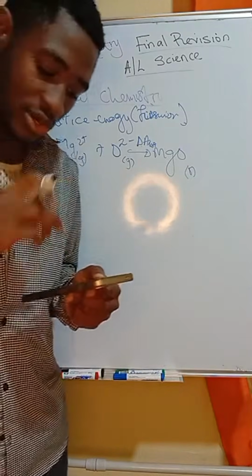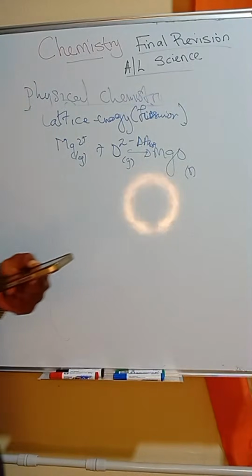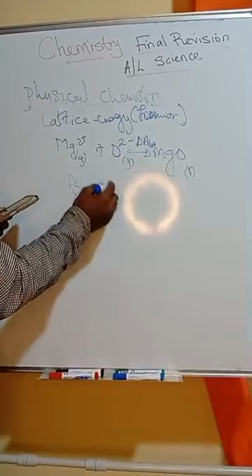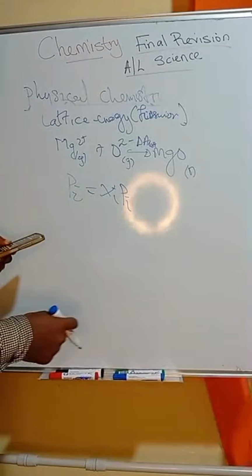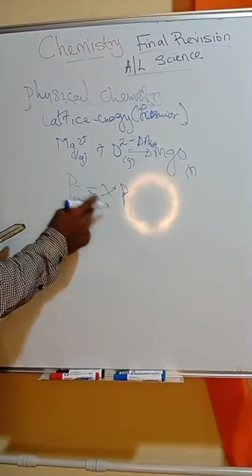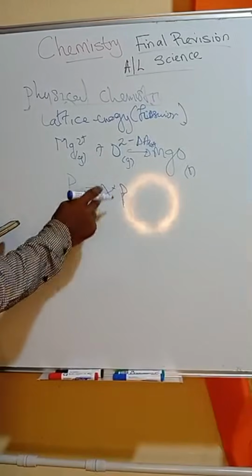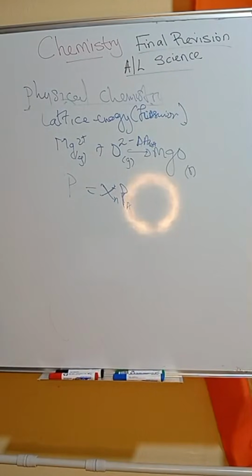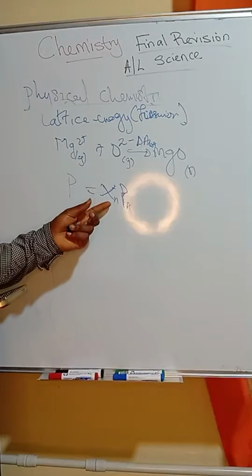State Raoult's law. We can state Raoult's law. Let me not use I, because it's confusing. Let me give the wording of Raoult's law. It states that the partial vapor pressure of each component in an ideal liquid mixture is equal to the vapor pressure of the pure component multiplied by its mole fraction in the mixture.